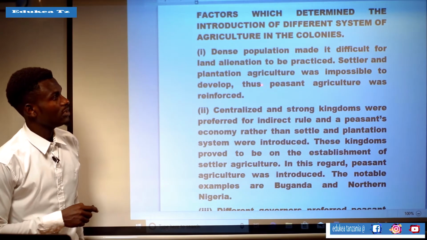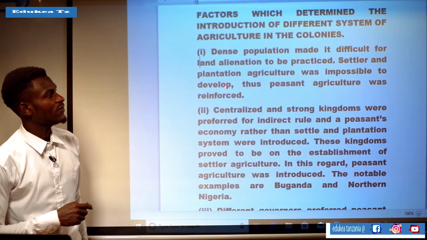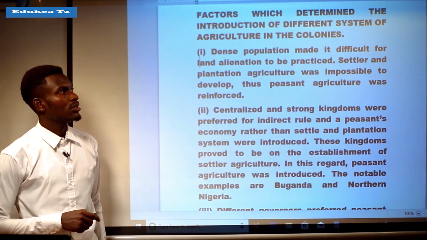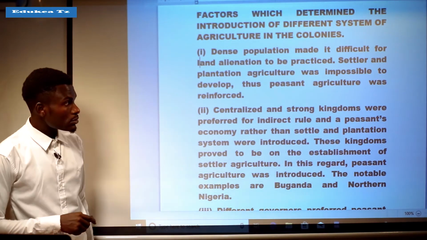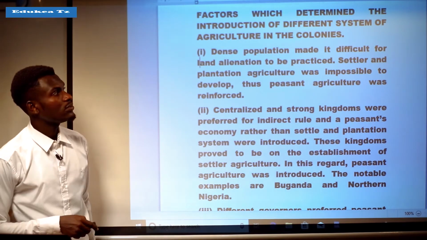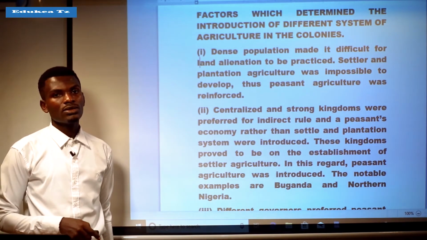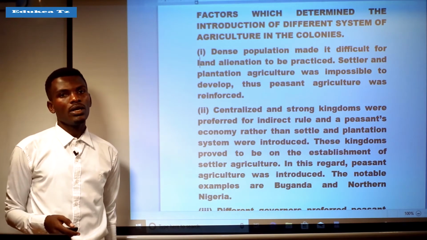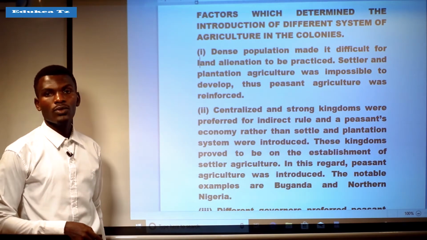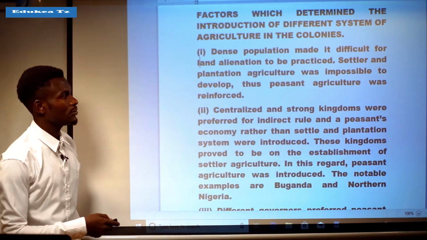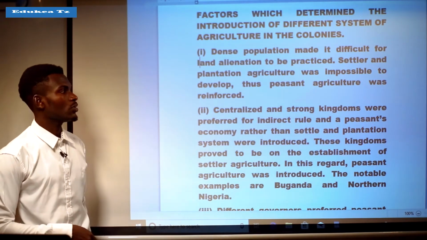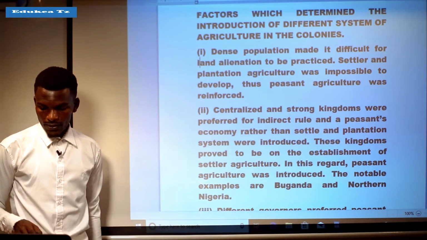Settler and plantation agriculture was impossible to develop, thus peasant agriculture was reinforced. It means that the dense population made land alienation difficult, so settler and plantation agriculture was impossible to establish, and that led to the establishment of peasant agriculture.